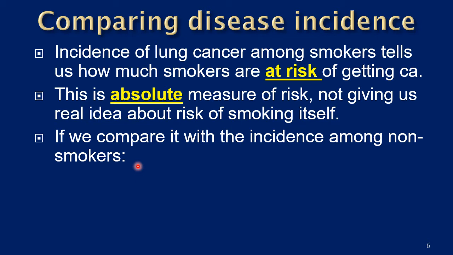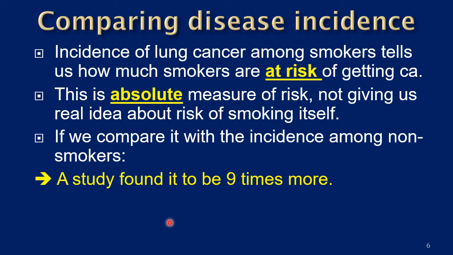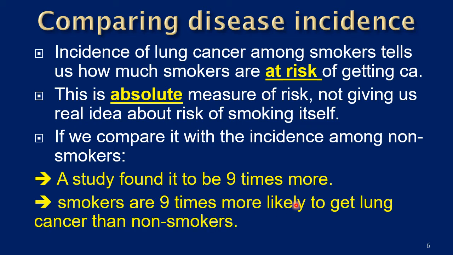So we need to compare the incidence of lung cancer among smokers with the incidence of lung cancer among non-smokers. Studies have shown that incidence of lung cancer among smokers is 9 times more. What does this mean? It means that smokers are 9 times more likely to get lung cancer than non-smokers.